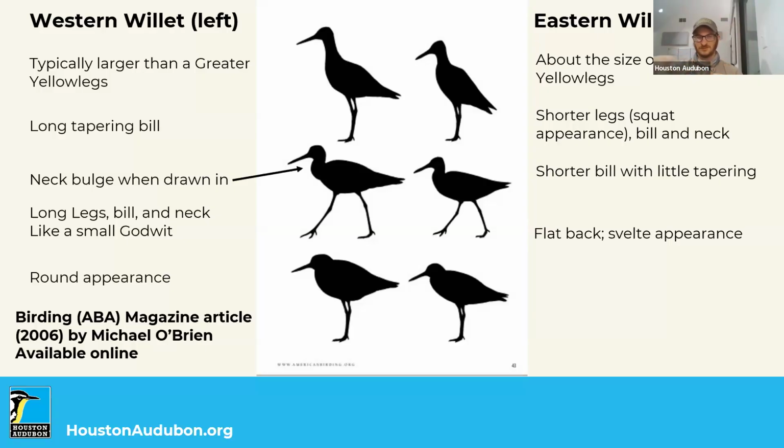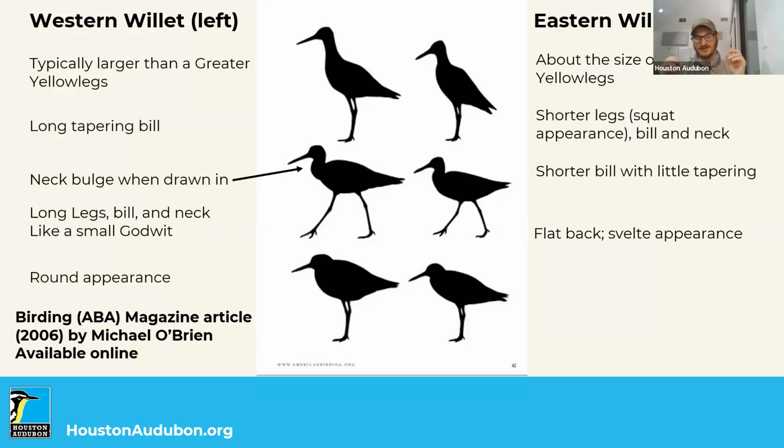I think part of the reason they appear thick to me is because, as I point out on that left column, and I think Michael O'Brien does a very good job of illustrating this, when they have their neck relaxed and they're just walking forward, they often have a bulge, right? Kind of where their throat and their chest meet.